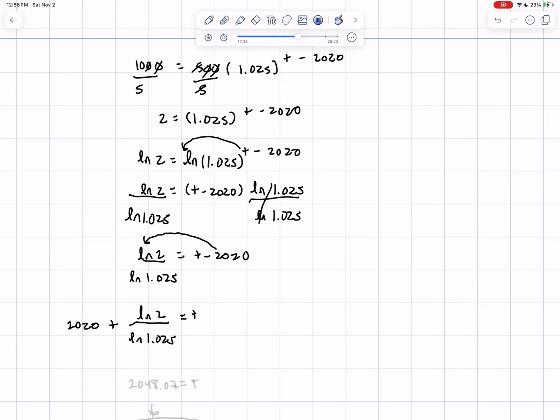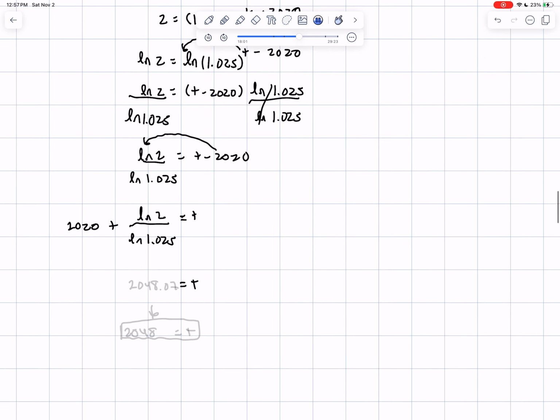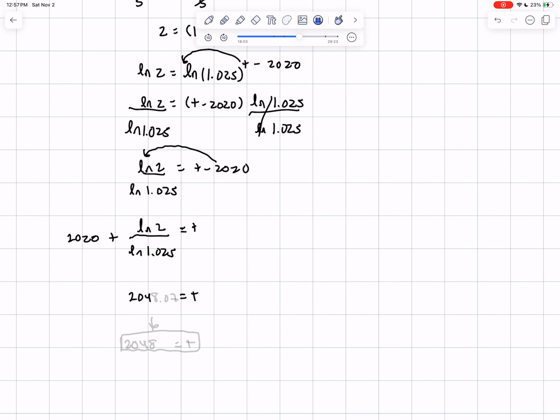So let's see what happens when we add them together. So we'll do the ln of 2 over the ln of 0.025 plus 2020. So I'm getting t equals 2048.